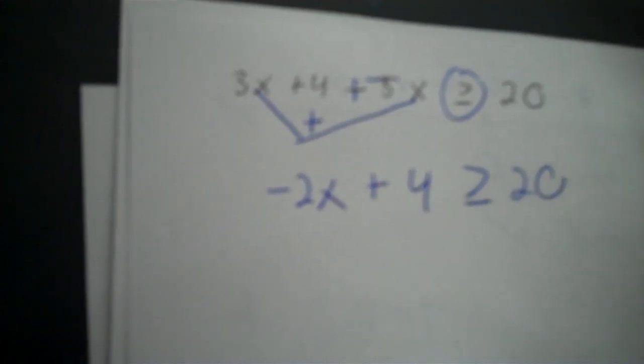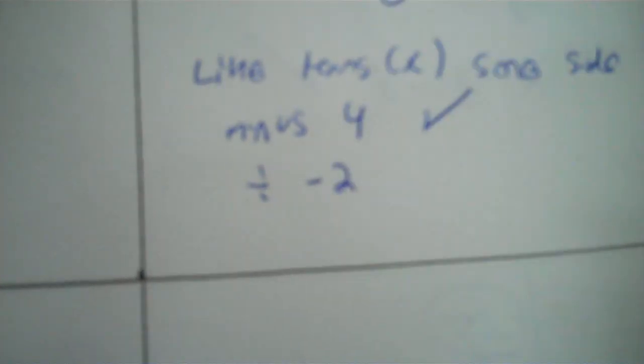Now we can make our line. We got times and plus. Now we have to minus the 4 first, and then we have to divide by the negative 2. So the minus, it never switches on a minus. The divide, it switches if it's by a negative, which it is, so we will have to switch.